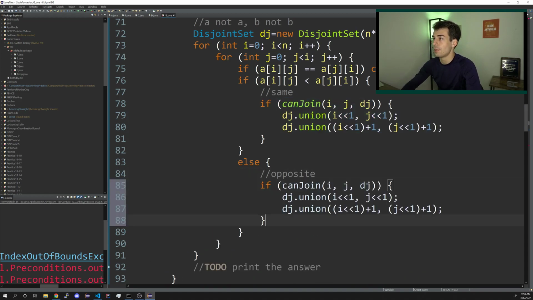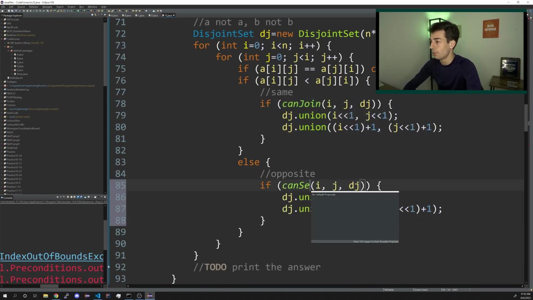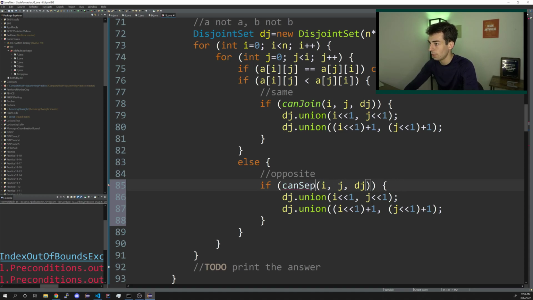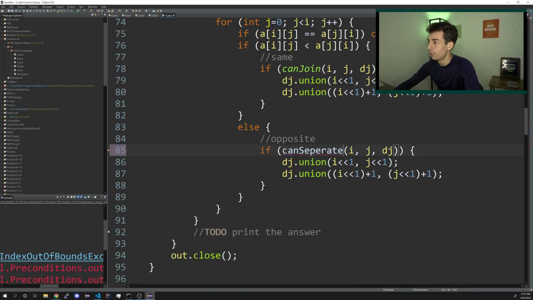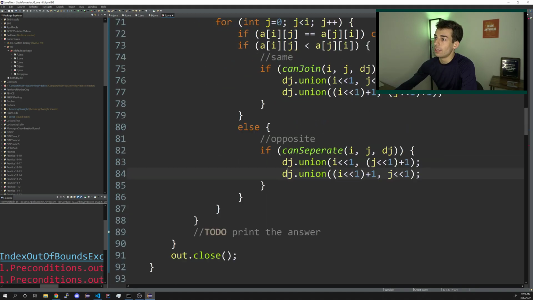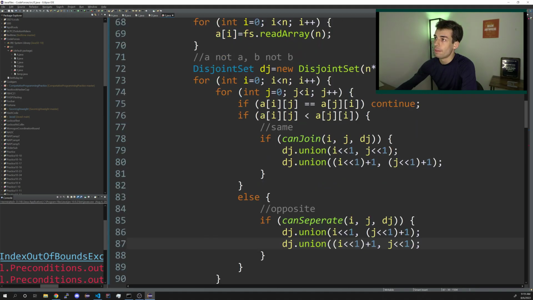What about if they're opposite? Then canSeparate. That's probably not how you spell separate, but make fun of me in the comments. If you can separate i and j, then we do j plus 1. Otherwise, we do just j. Okay. All right.